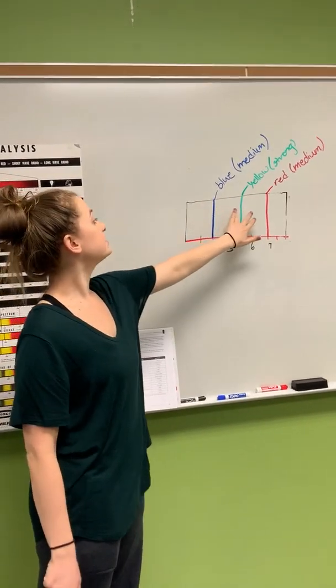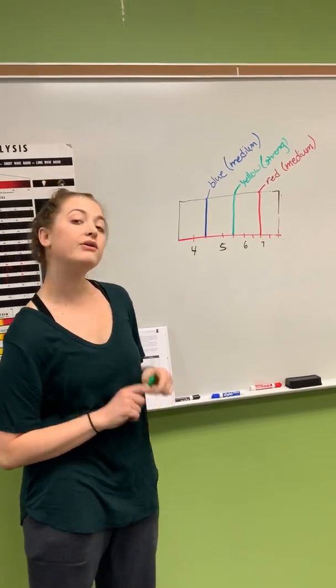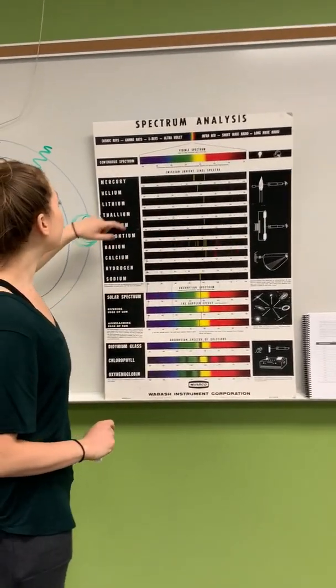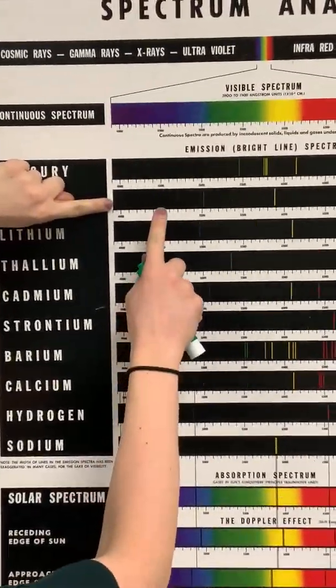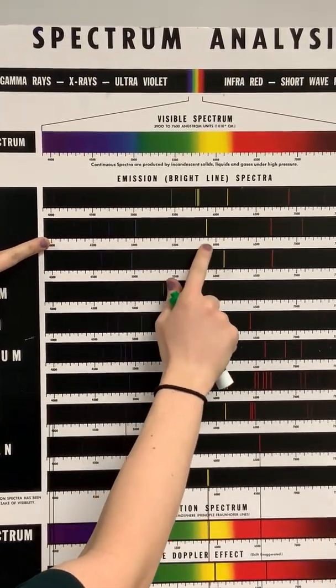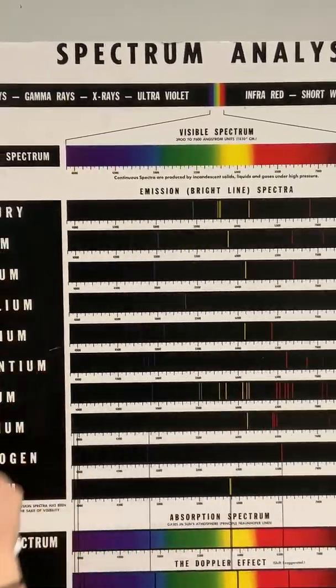These lines are part of helium's emission spectrum. Now, helium has a literature emission spectrum that we can see here. If we zoom in a little bit on this emission spectrum, we can see that there are some stronger lines in the red and yellow range, and the blue, violet.